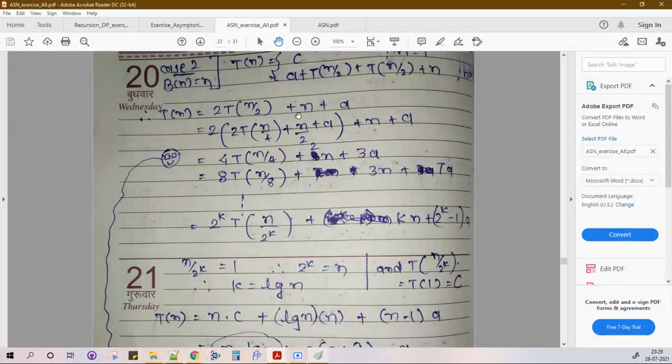This equation is similar to the recursive equation of merge sort, because we need to merge both parts. We are dividing an array of size n into n by 2, having two parts, and I need to merge them.